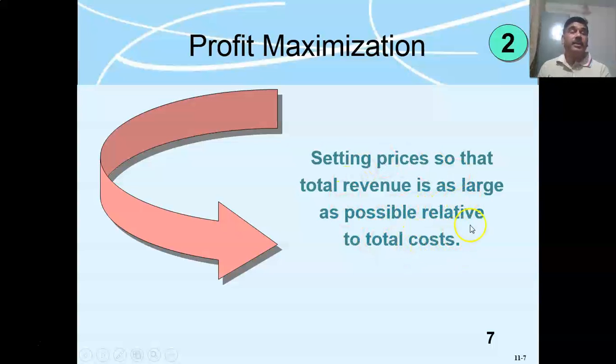So the crux, the summary or conclusion of that particular sentence, is that profit maximization should only be achieved when the sellers can charge high pricing, and that pricing should increase the total revenue in such a way that the difference between revenue and cost is larger. Whatever revenue the company has got from the sale of that product, and whatever total cost was incurred for selling it, that difference should be more.